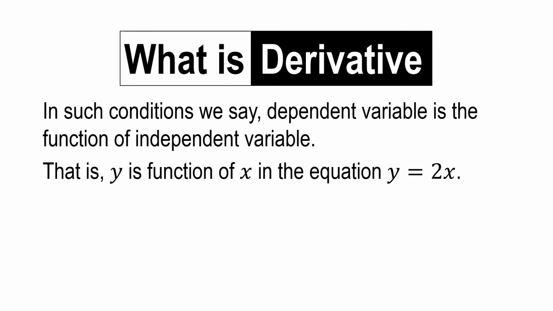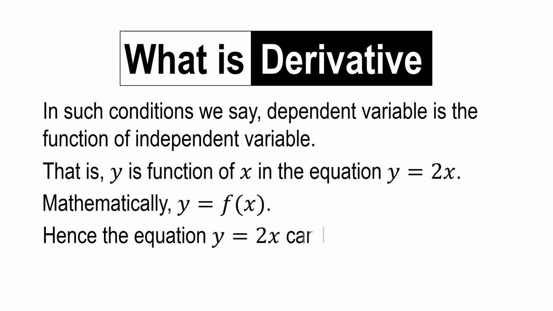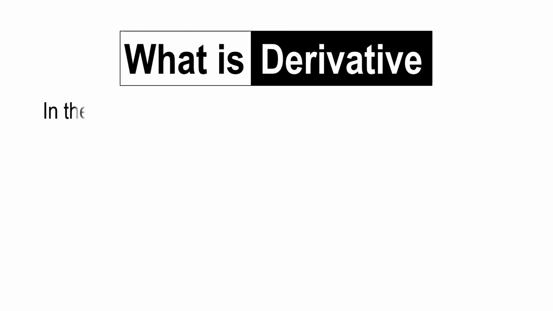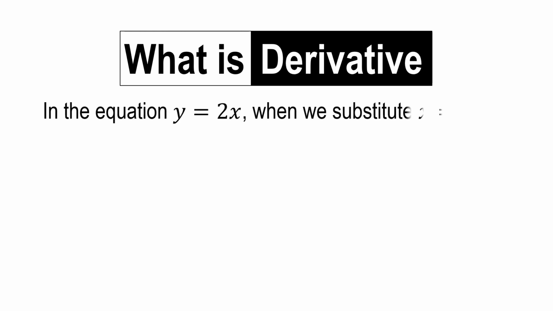In such conditions, we say dependent variable is the function of independent variable. That is, y is function of x in the equation y is equal to 2x. Mathematically, y is equal to f of x. Hence, the equation y is equal to 2x can be written as f of x is equal to 2x.